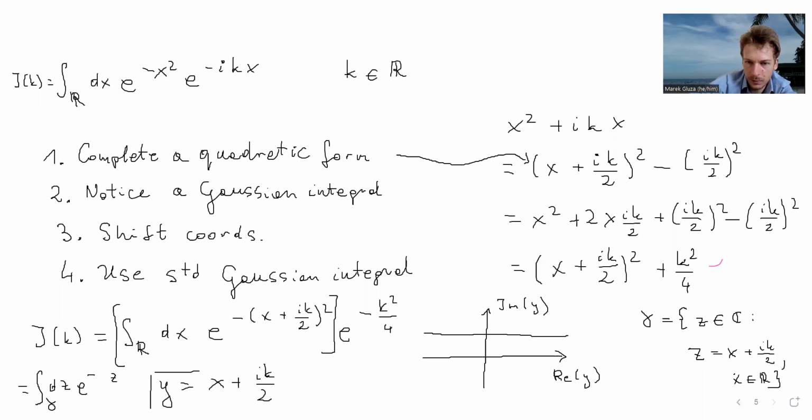So I can have a parametrization gamma of t equals z equals t plus i k over 2, and that's our path gamma.